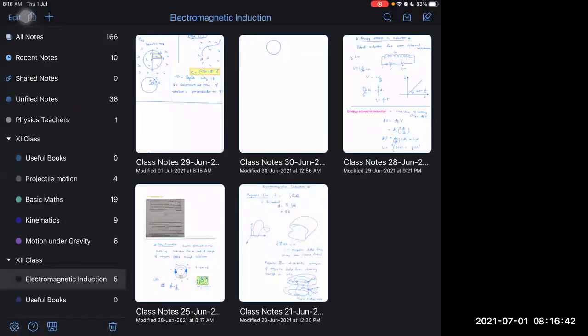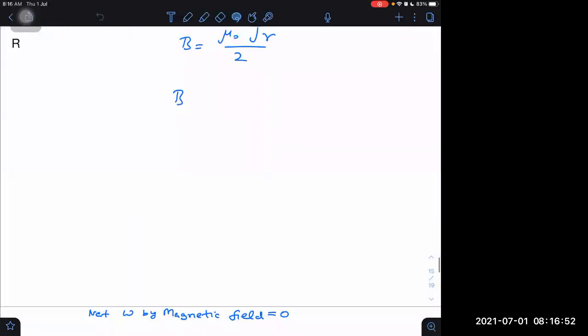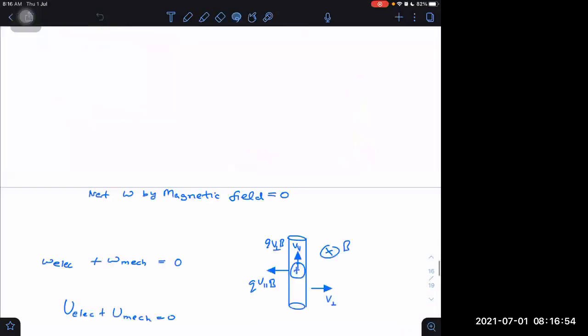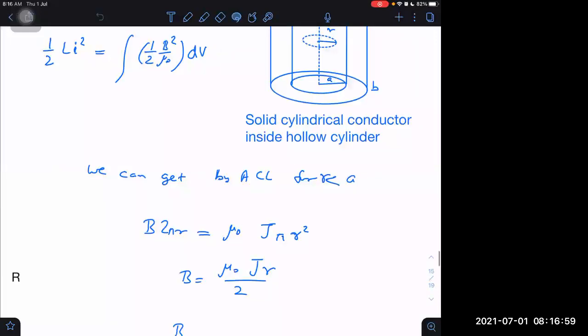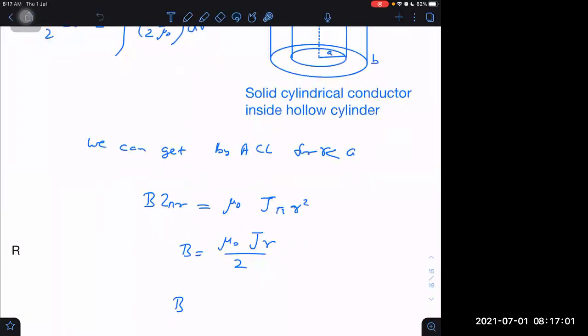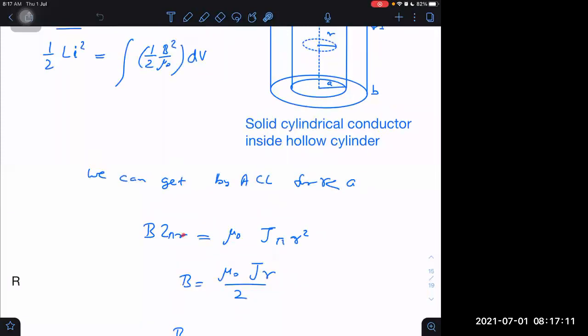We can't. How can we take it for the whole cylinder? That will be just at the surface. It is at a given distance r. How will that be for the whole? It is varying.